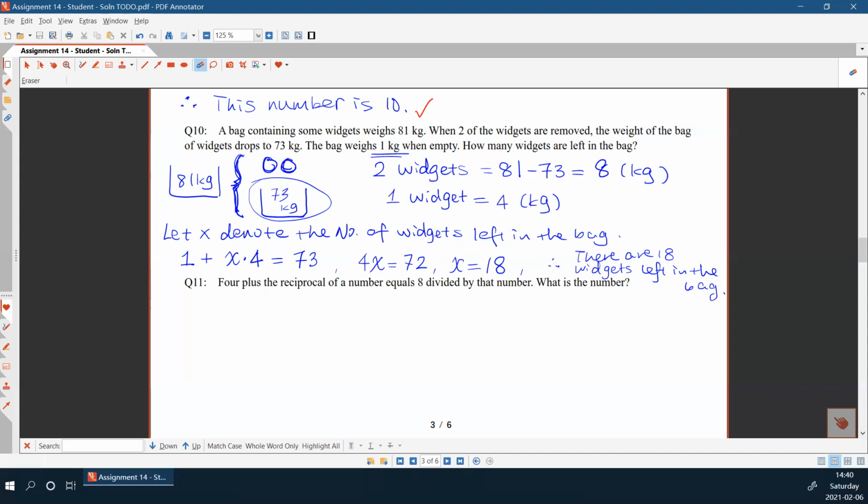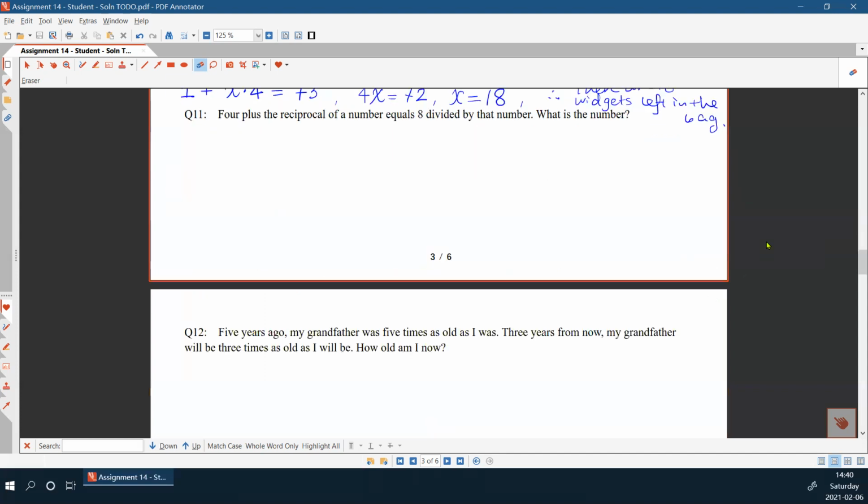So, okay, let's see question 11. 4 plus the reciprocal of a number equals 8 divided by that number. What is the number? Okay, again, here you don't know the number, and it's better to use a letter x to denote this number.